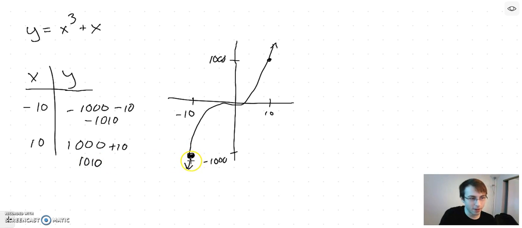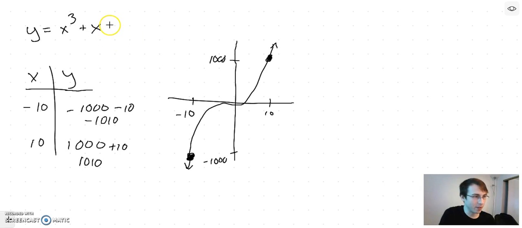But in terms of what the graph looks like, that's just such a minuscule adjustment. You can barely even see the adjustment. This x here is just peanuts, and compared to this x cubed, the x cubed just dominates over the x. It's just so much more that the x doesn't really affect it too much.